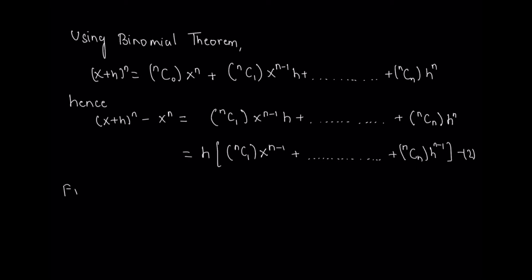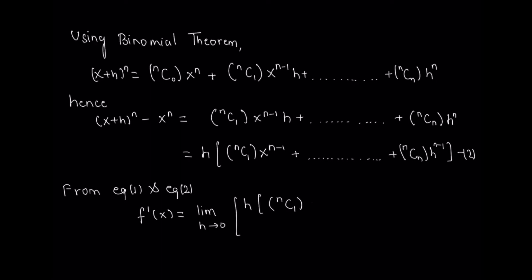So from equations 1 and 2, I can write the derivative of my function as limit h approaches 0 of h, say, the combination of n objects taken one at a time, and this following expression, and h just cancels out.